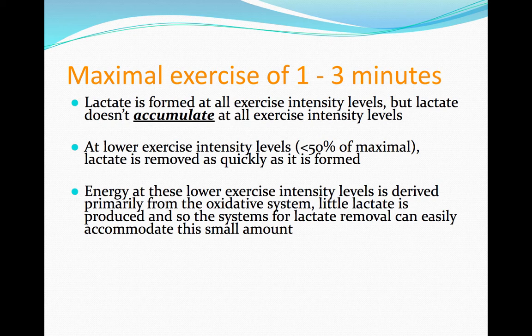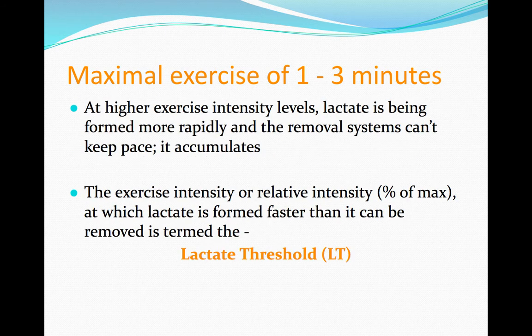Because if you're moving at a really easy pace, the oxidative system is going to be your predominant energy system. So you're not producing as much, and so the systems for lactate removal can easily accommodate the smaller amounts that are being generated. But the more intense you exercise, lactate's going to be formed more rapidly, and the removal systems that I just mentioned can't keep pace, so it accumulates.